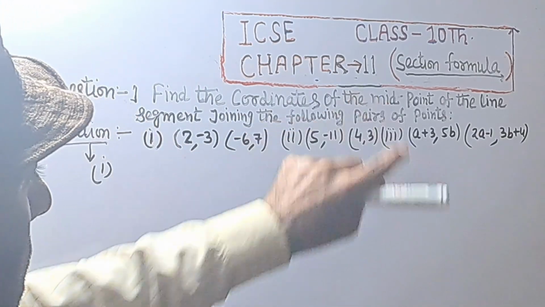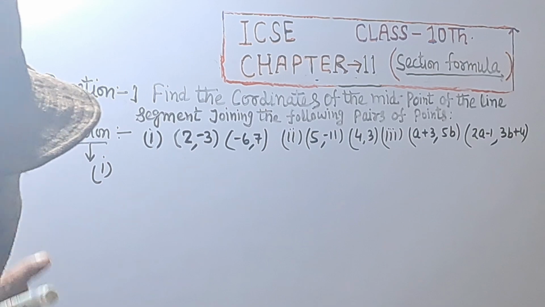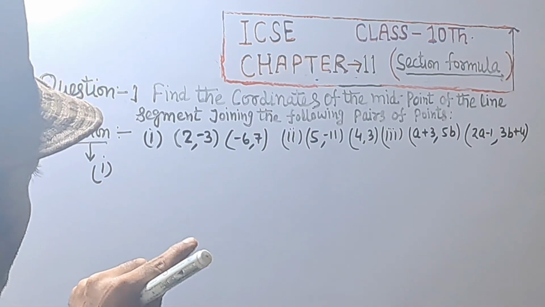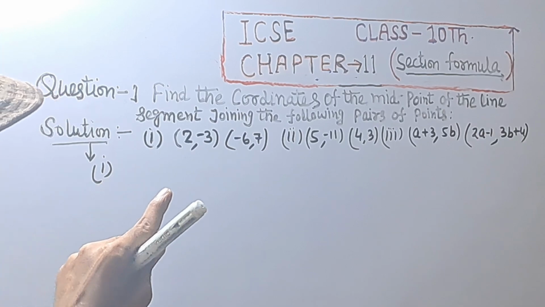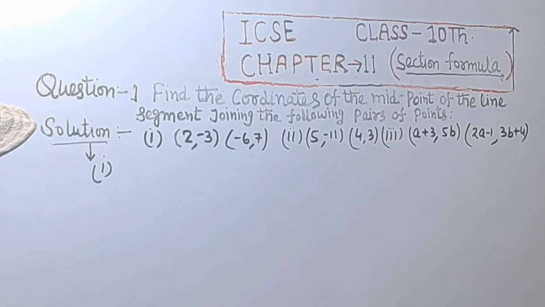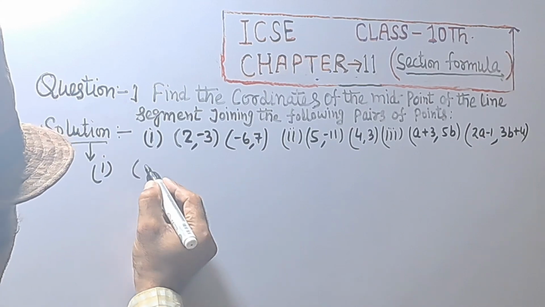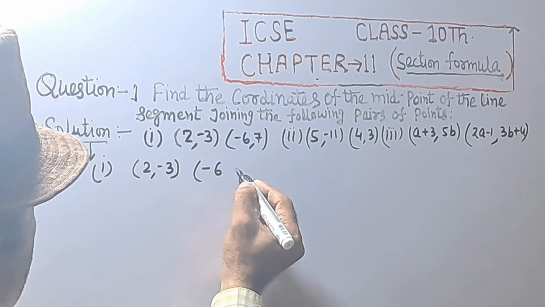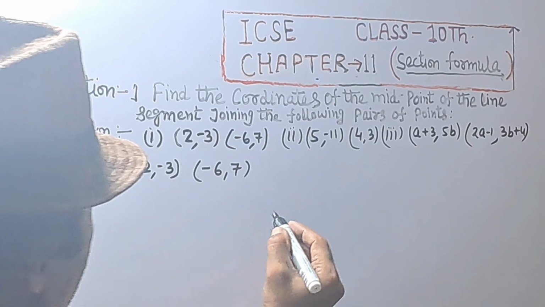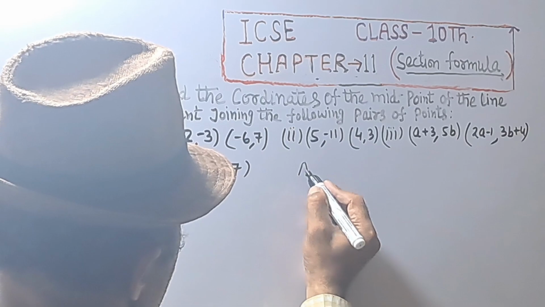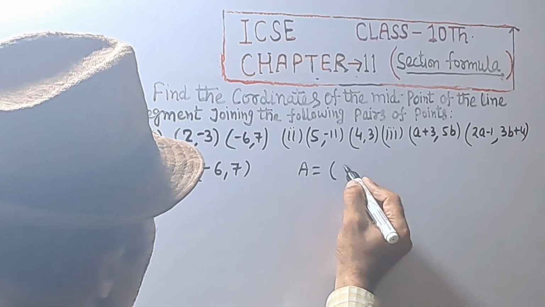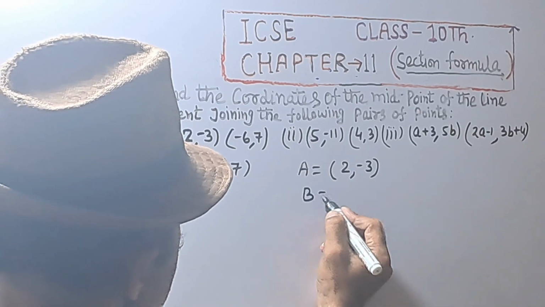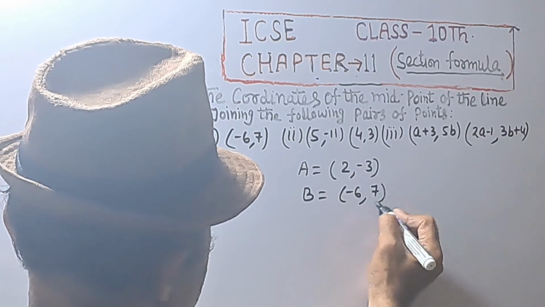Chapter 11, Section Formula. Question number one: find the coordinates of the midpoint of the line segment joining the following pair of points. First part is 2, -3 and -6, 7. Let A is equal to 2, -3 and B is equal to -6, 7.